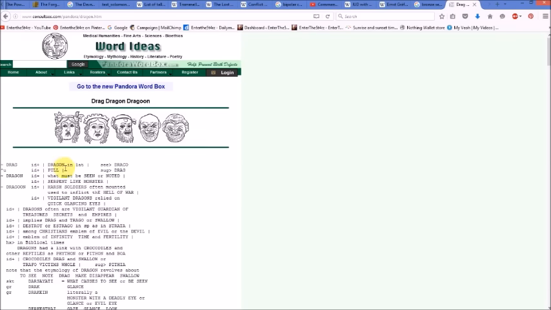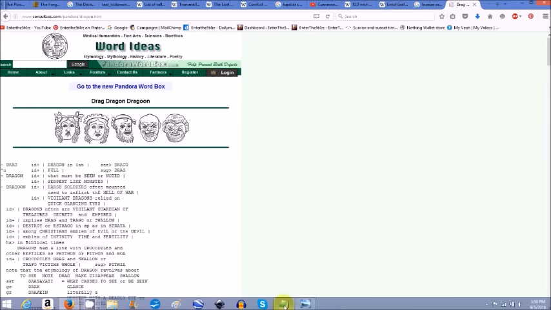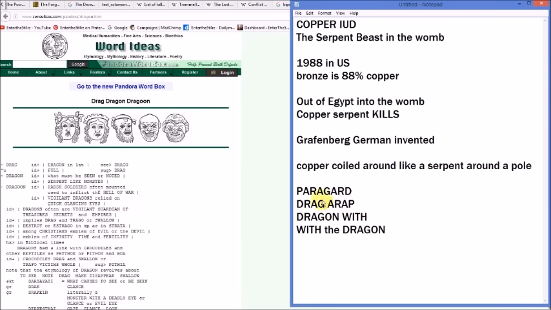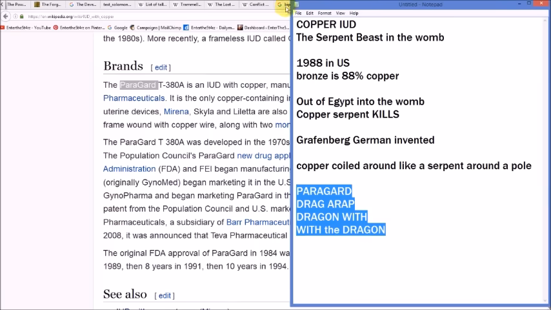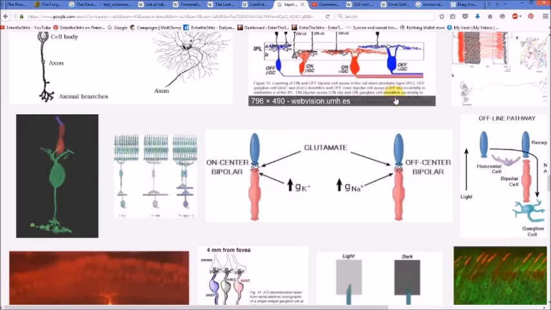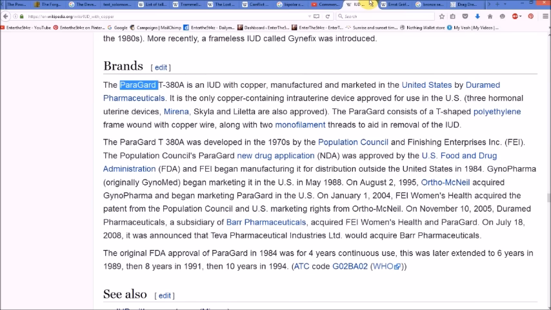The root word of dragon is drag, as you can see here. Draco, dragon, dragoon, drag. It's all here. Paragard, backwards, is with the dragon. It's coiled like a serpent, self-described right here in their own words.